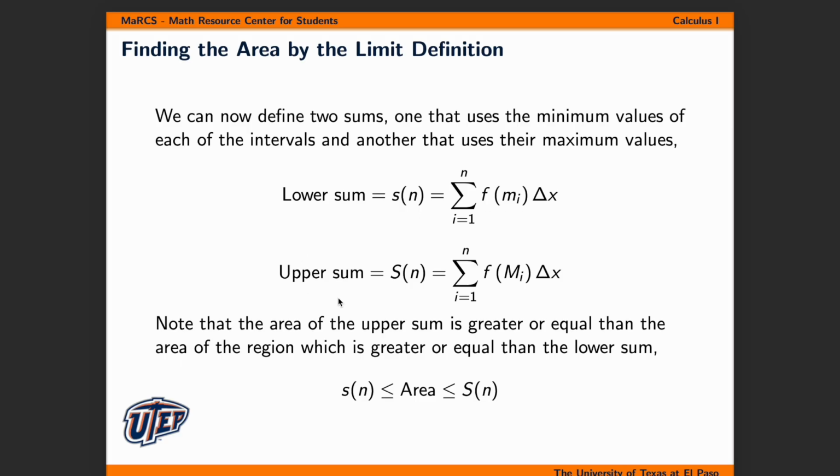Then we will also have our upper sum, which will be denoted by uppercase S of n, and that'll be equal to the sum from i equals 1 up until n of our maximum value of f on the ith subinterval, so this f of uppercase M_i, times our delta x. So we know that the true area is less than or equal to the upper sum, and greater than or equal to our lower sum.